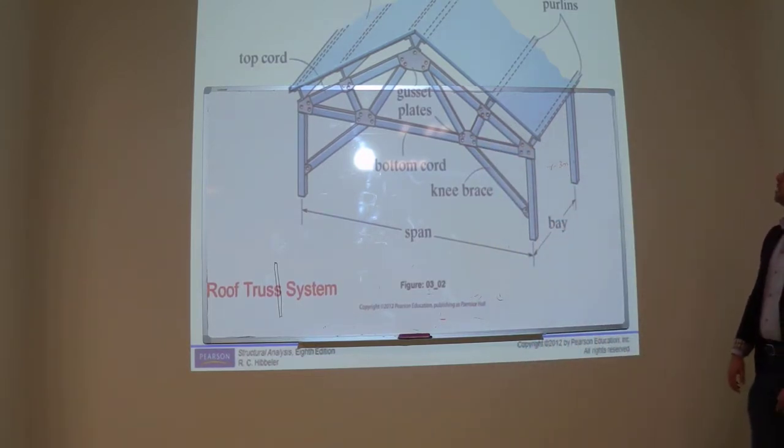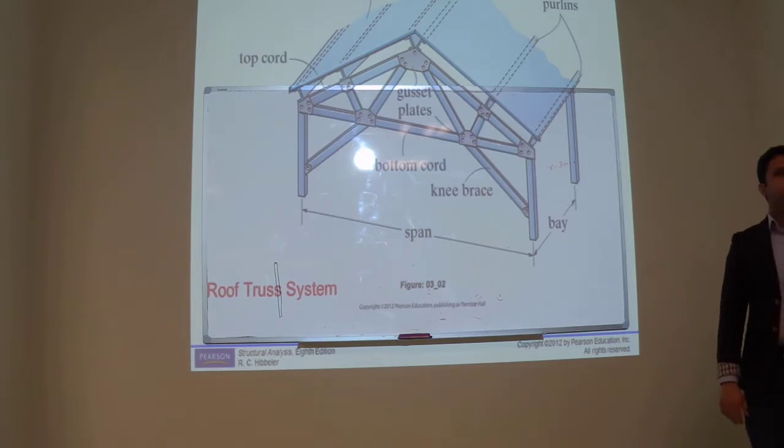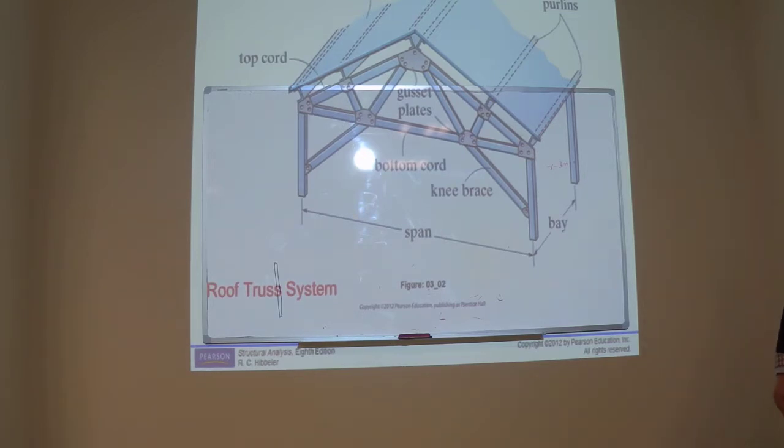If you see, the load is acting only at the joints. Do you understand? For example, if you see this purlin is taking the load of roof, and this load is going to this joint. From here, from here, from here, and from here.